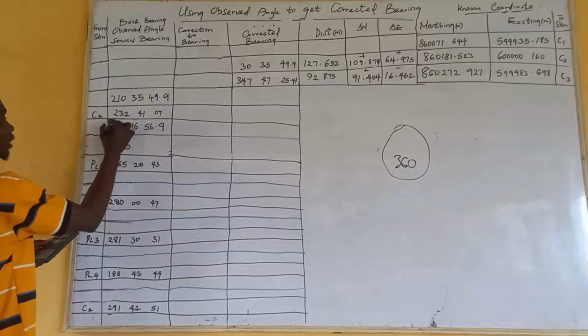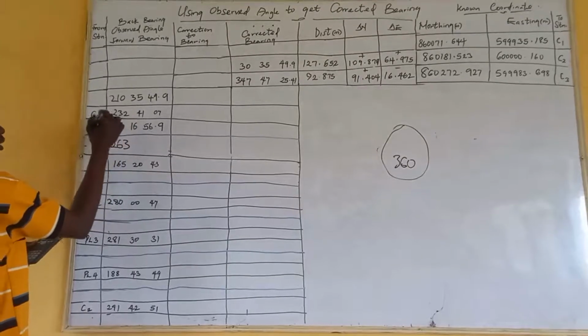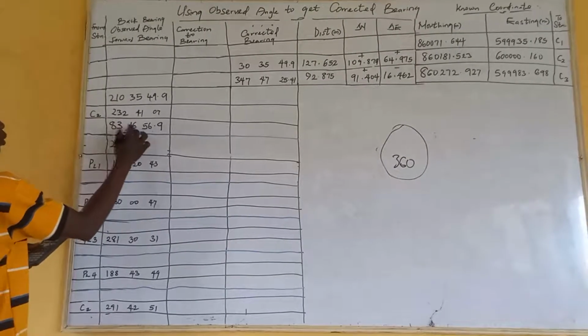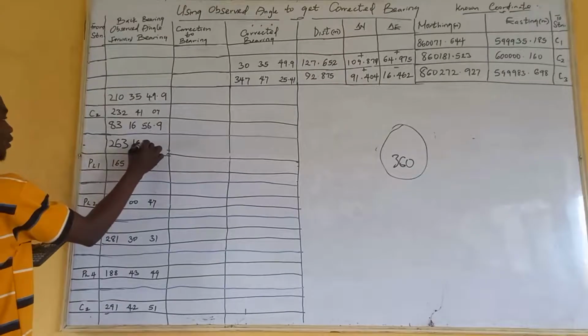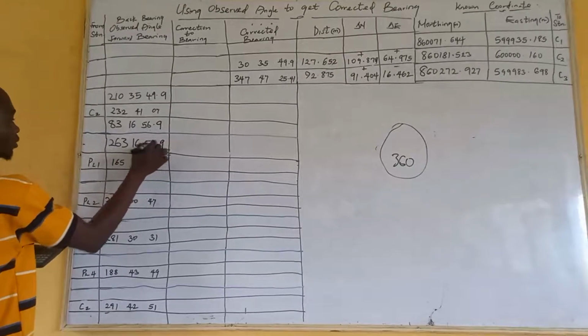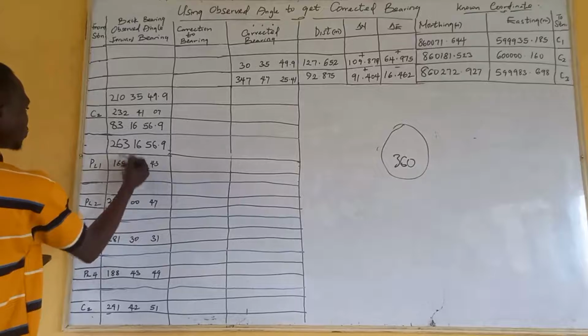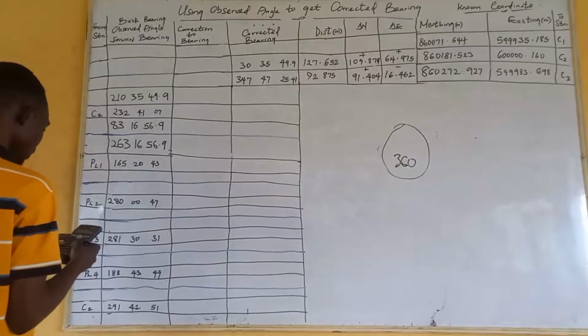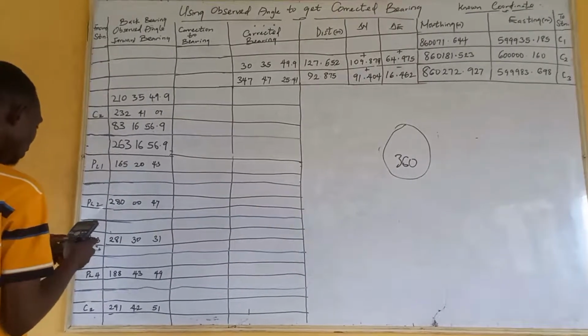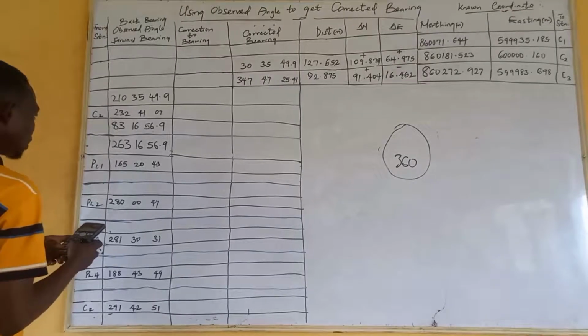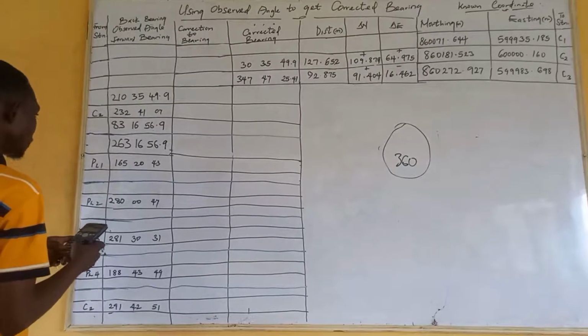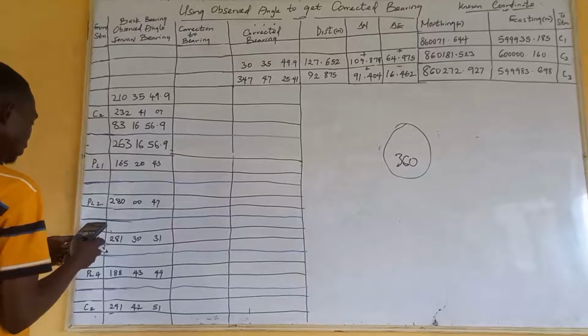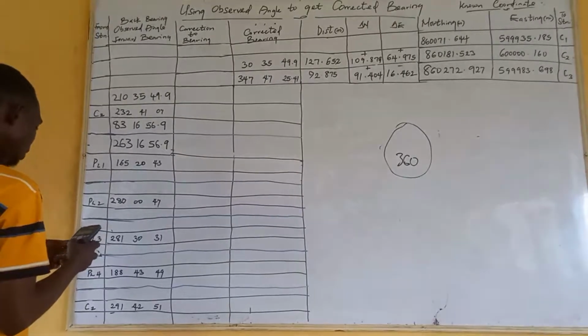But if this value is more than 180, it's going to be this value minus 180. So, and then we have 16 minutes 56.9 seconds. Then you add these two together: 263 degrees 16 minutes 56.9 seconds plus 165 degrees 20 minutes 43 seconds.